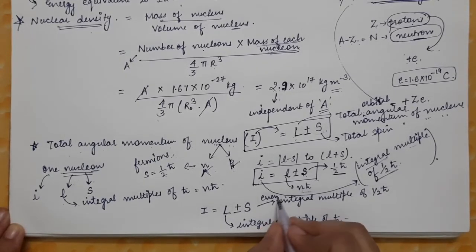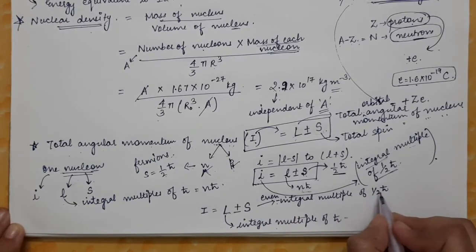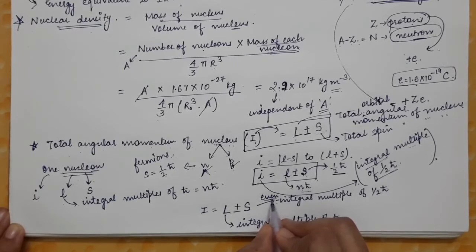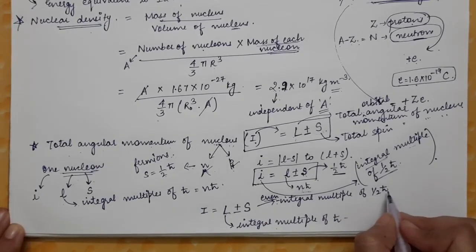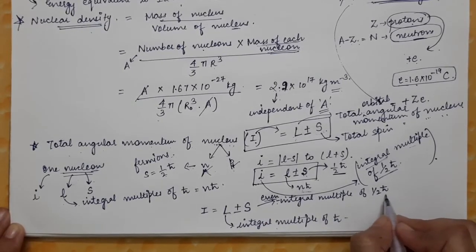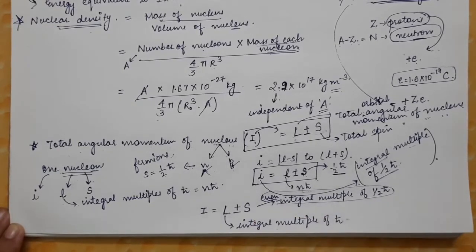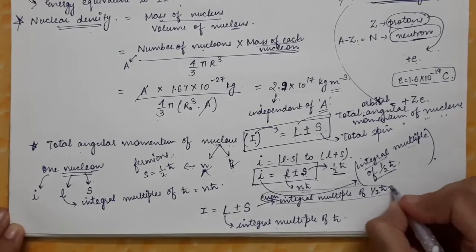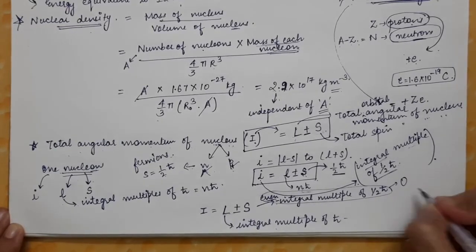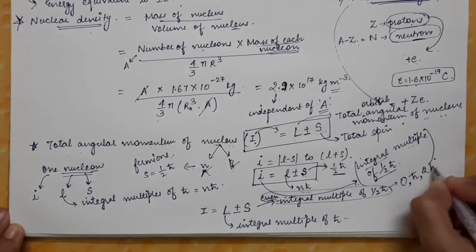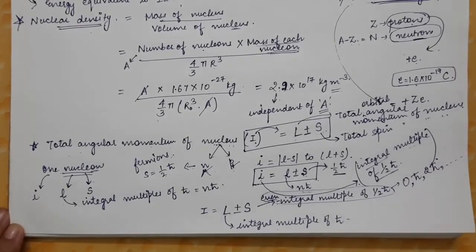means it can be 2 times half h cut, that will be simply 1 h cut. Then the even number will be 4, so this will be 4 times half h cut, which is equal to 2 h cut. So even integral multiple of half h cut means that it takes values 0, then h cut, then 2 h cut, then 3 h cut, and so on.